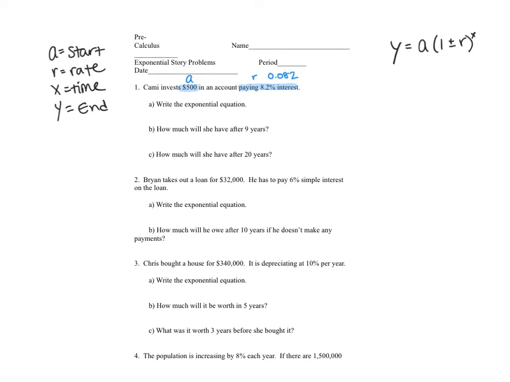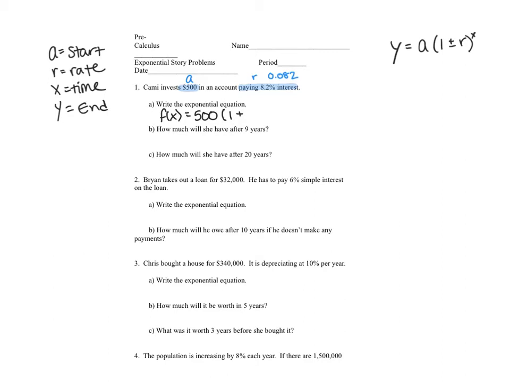So let's do part A, write an exponential equation. So for us, it's going to be y or f of x. Actually, no, let's use f of x for this. F of x is okay. So f of x is equal to our start value of 500 times 1 plus, because it's paying that amount, so you're paying more and more.